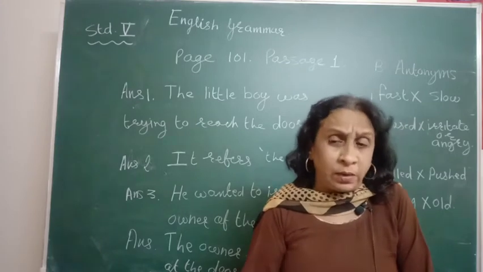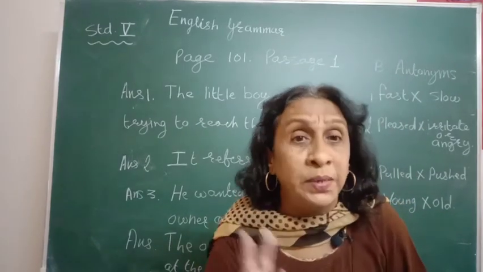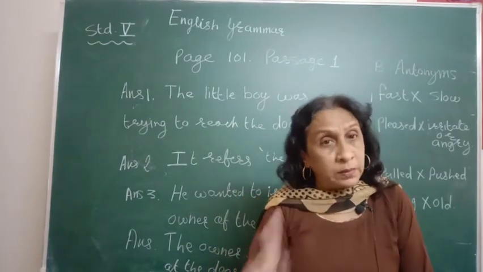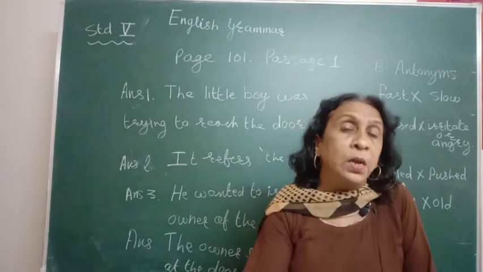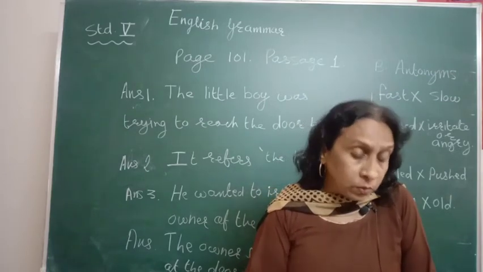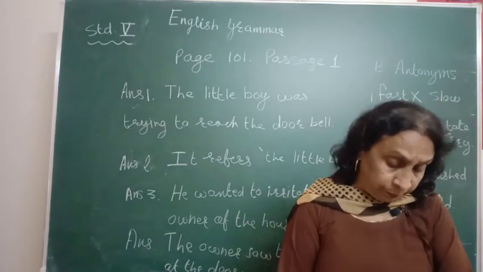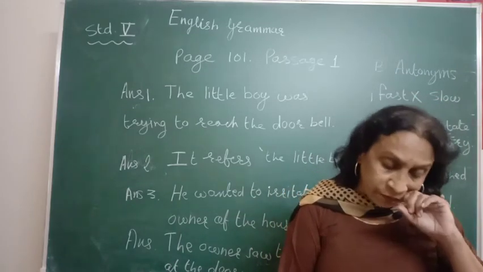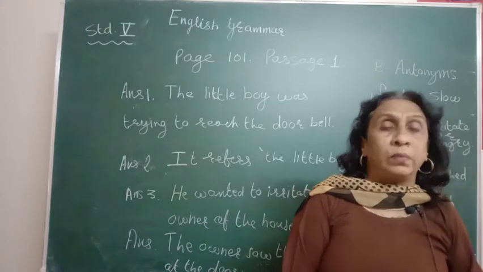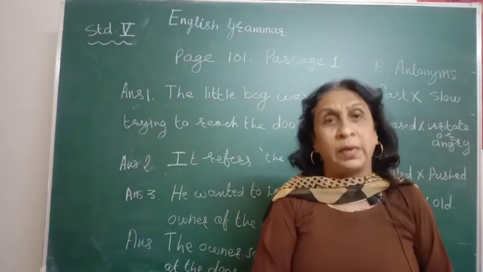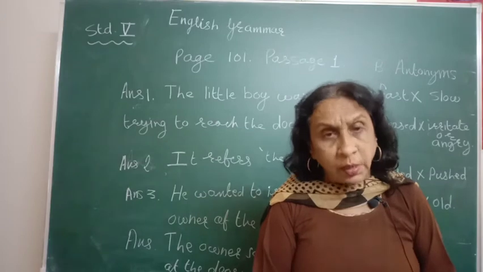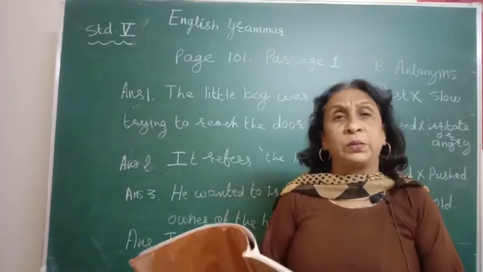When you say dialogue, it means two persons speaking. Monologue means one single person speaking. So you can name the different persons, you can put dialogues also in the story, and then you can frame the story nicely.